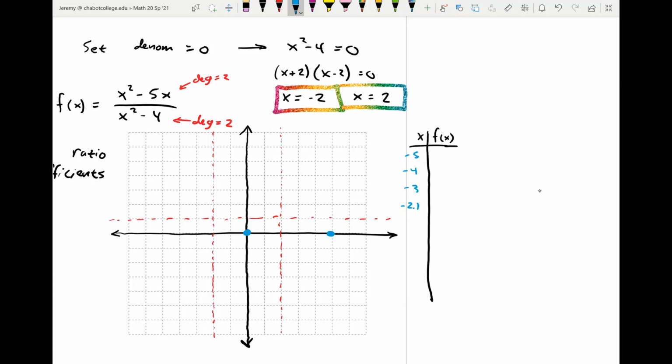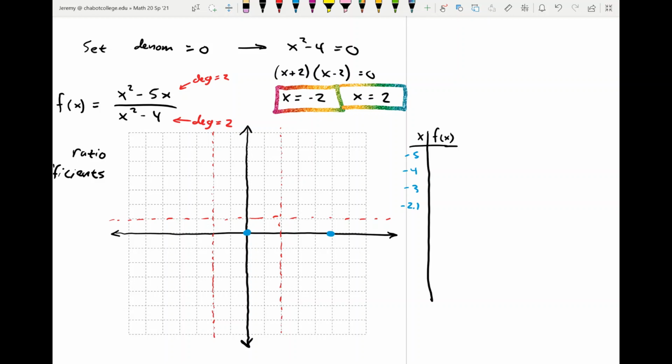I picked -2.1 because it's just to the left of that asymptote. This is a technique we'll use: you pick an x value which is really close to one side of the asymptote and see, are we getting a really large output or a really small output? That will indicate which direction the curve is going close to that asymptote.